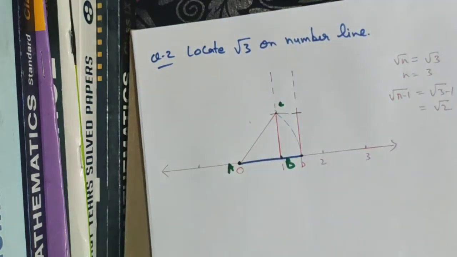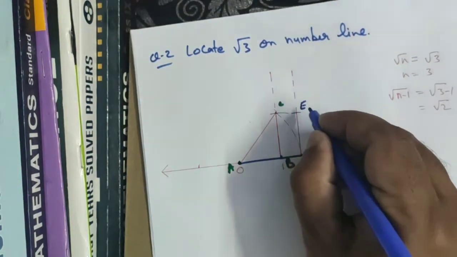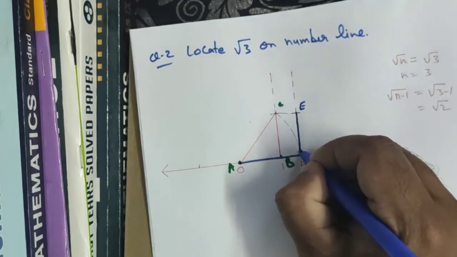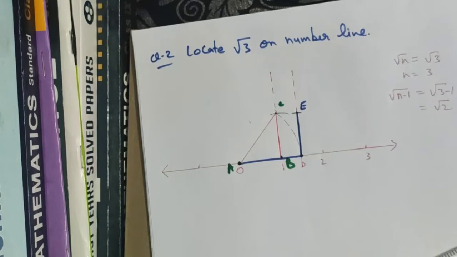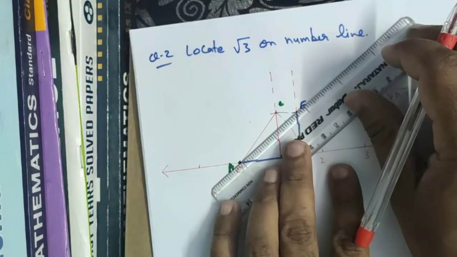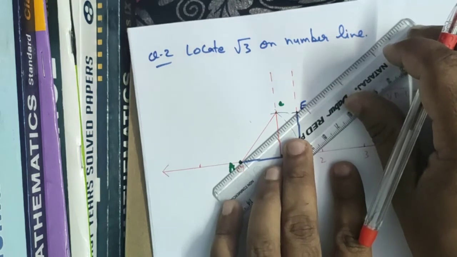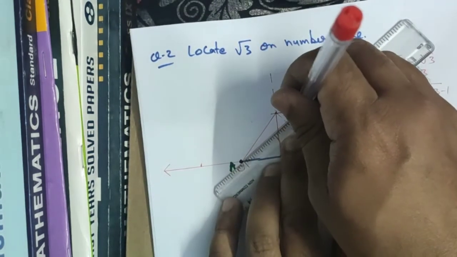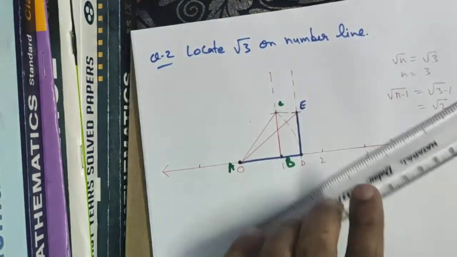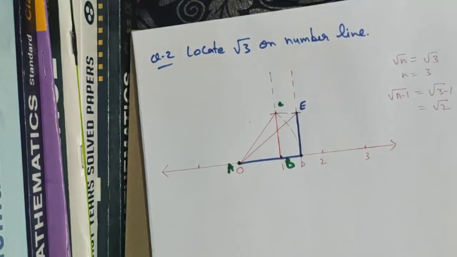We will get a point. We'll name this point as E. Now we will join AE.